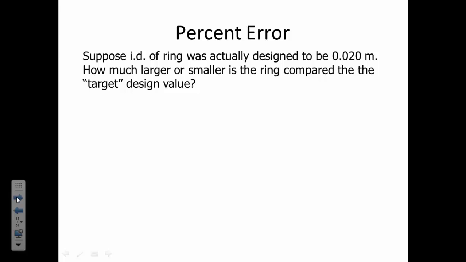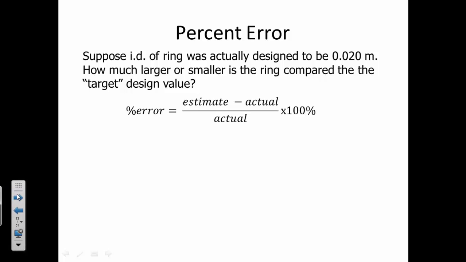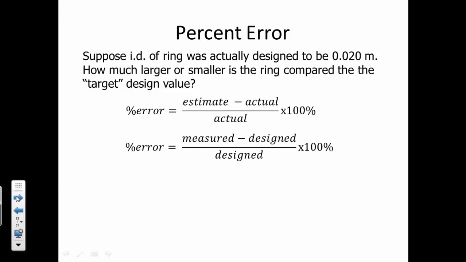So I gave you a little example here. Let's go back to my wedding ring example. Let's say that the design was meant to be 0.020 meters or 2 centimeters to 2 significant digits in diameter on the inside. And the question is, how much larger or smaller is the ring compared to the target design value? All right, and so here's the general formula for percent error. It's the estimated value or measured value minus the actual value, that your target value, divided by the actual target value.